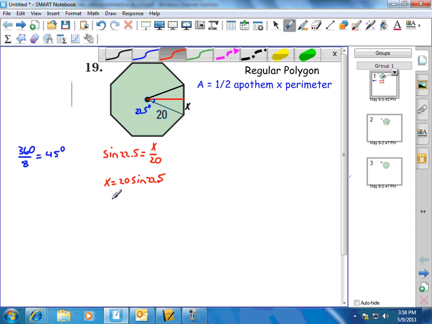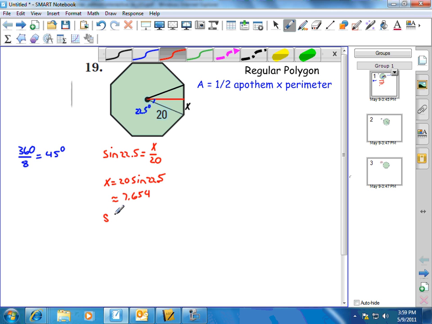Which is approximately 7.65366 and so forth. I'm going to round that to 7.654. Now I can use this as a leg length, and then S, representing my side length.